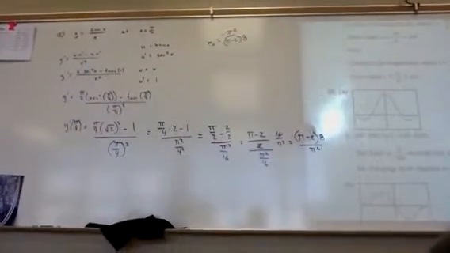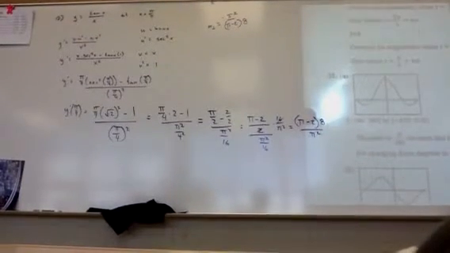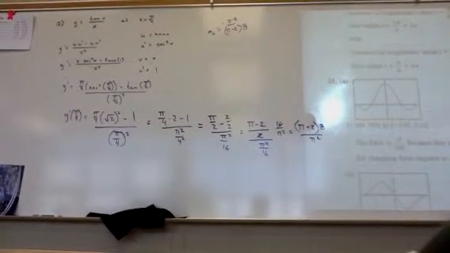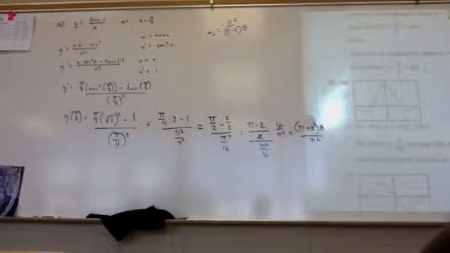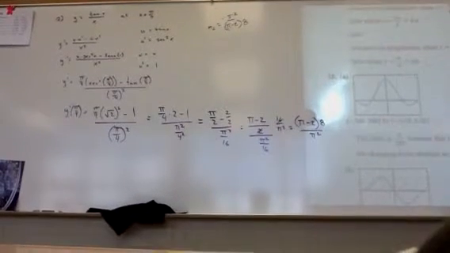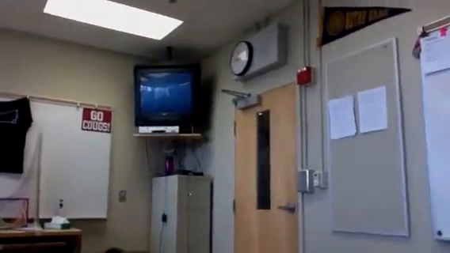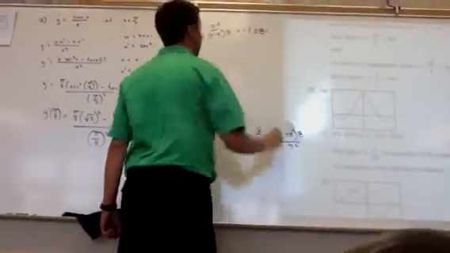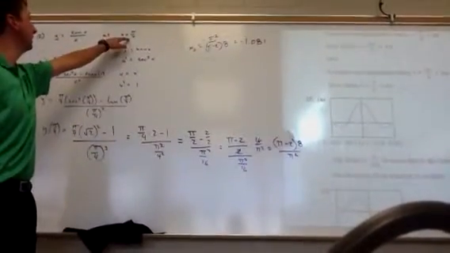So if I go negative pi squared divided by, I need to put this all in parentheses, pi minus 2, times 8. I think that sounds right, doesn't it? Negative 1.081 is my slope.